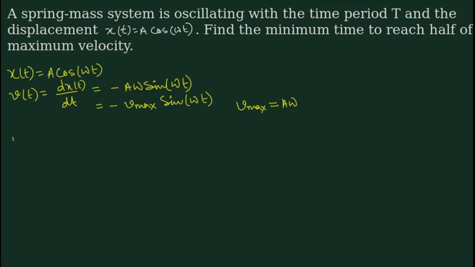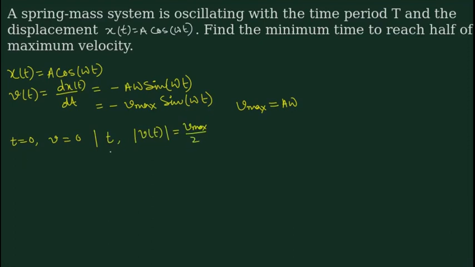So at t equal to 0, the velocity is 0, because at t equal to 0, sine omega t is 0. Okay. Now let's say at the time t, the magnitude of the velocity will be v max by 2. Okay.